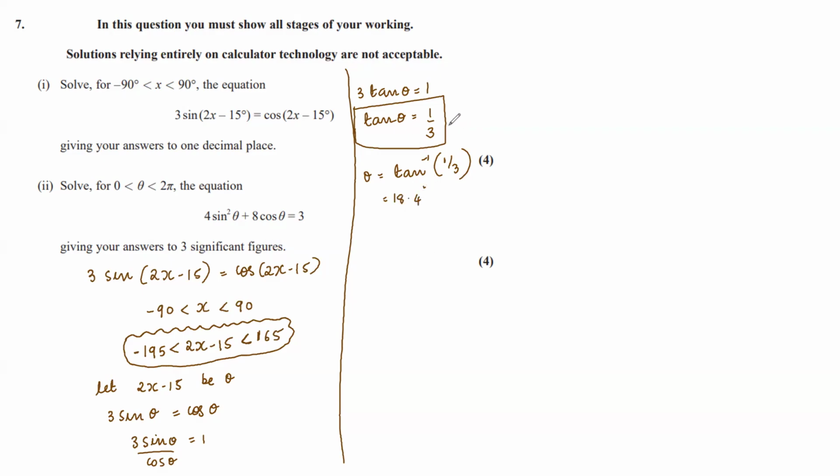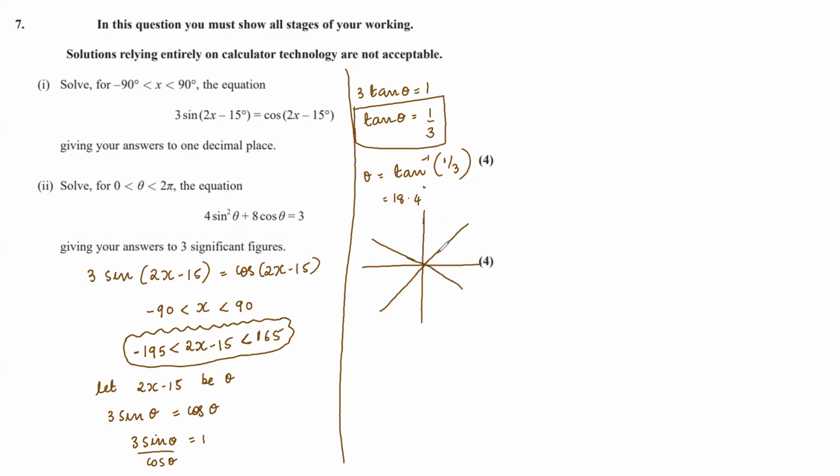Now tan is positive, and we know the interval given here is between 165 and minus 195. We know that tan on the right-hand side is positive. So tan is positive in the first quadrant and in the third quadrant.